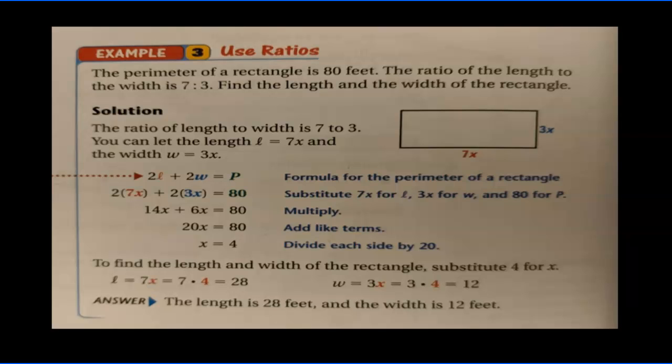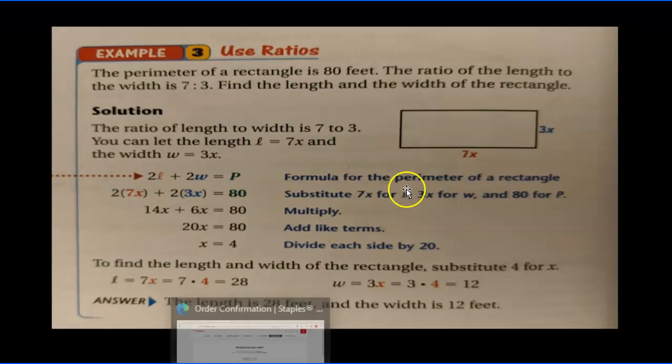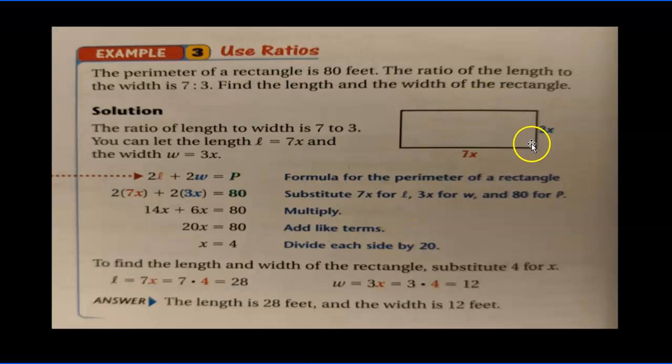Perimeter, though, is like I'm putting a fence, and I need to know the exact measurement completely around the yard. That is when I'm going to have length and length, adding those two together, width and width, adding those two together, and that will give me my perimeter. So we've got to remember all those things.